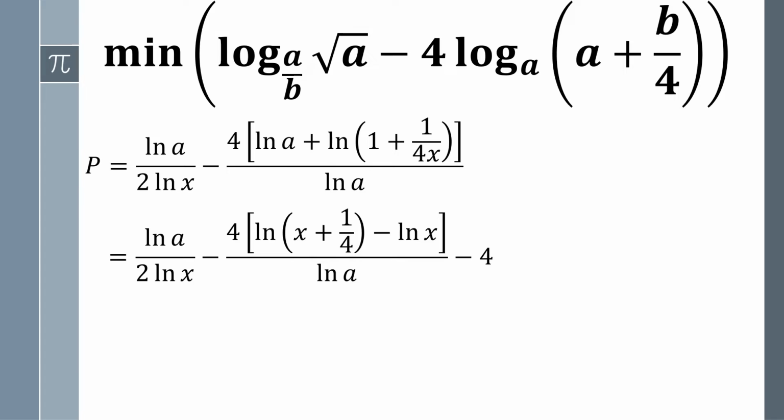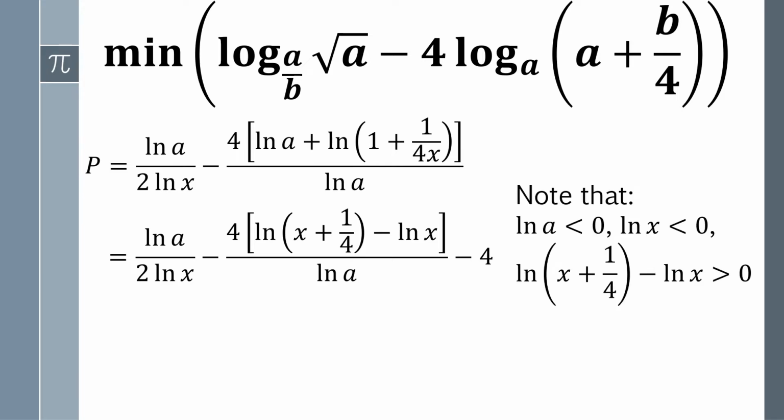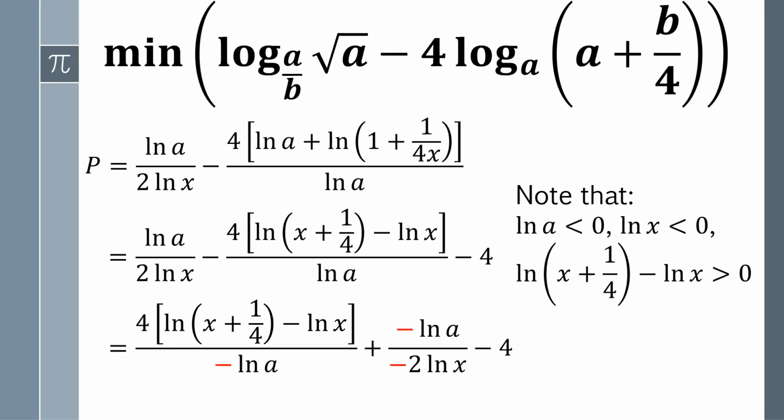Note that in this expression, log a is less than 0, log x is less than 0, and log x plus 1 over 4 minus log x is larger than 0. So, to make sure both the numerator and the denominator are positive numbers, we add some negative signs here.